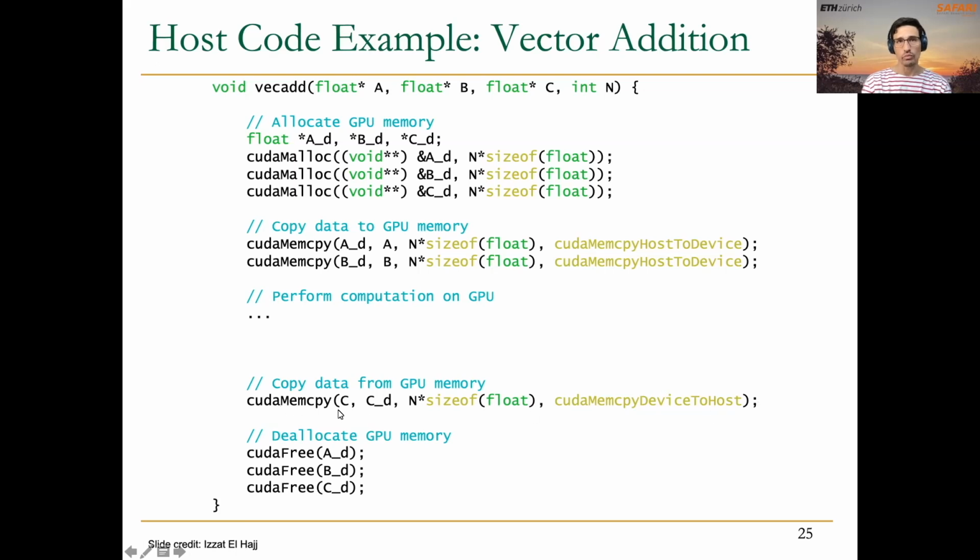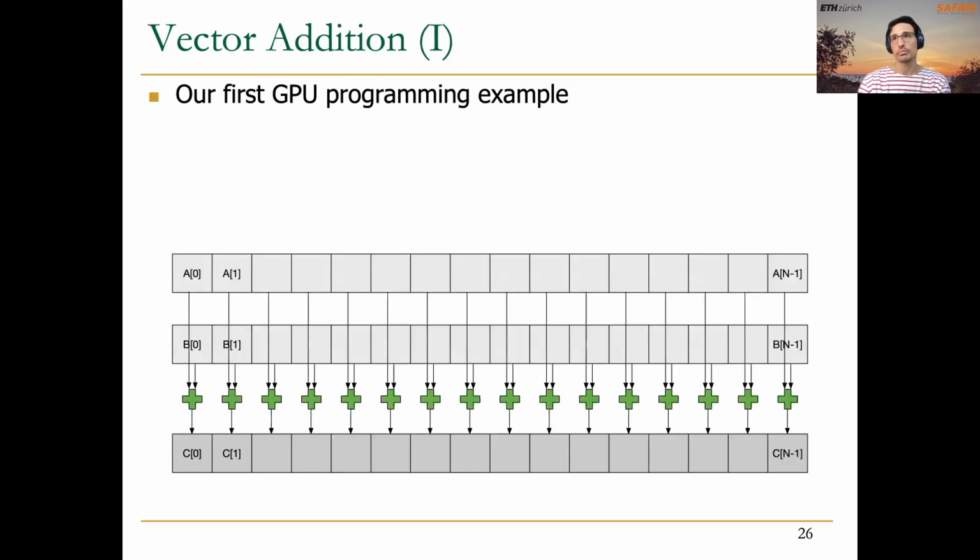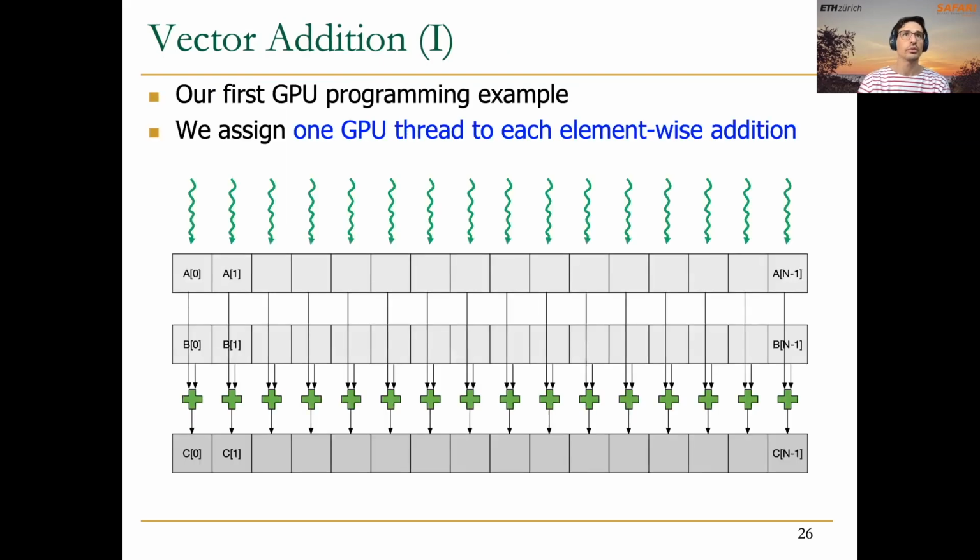After copying the results, we can deallocate, we can free all the memory previously allocated on the GPU memory. So the vector addition is our first programming example. It's a pretty simple operation, as you know. The only thing that we do is the element-wise addition of 2 arrays A and B, and we store the results in an array C.